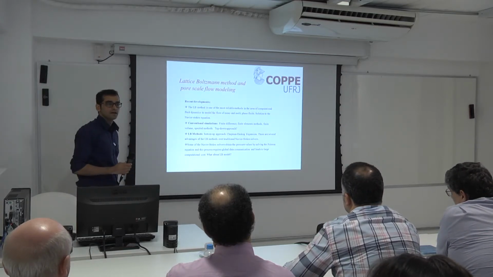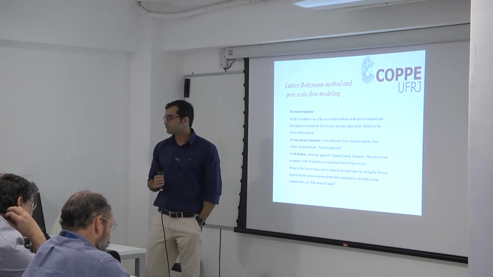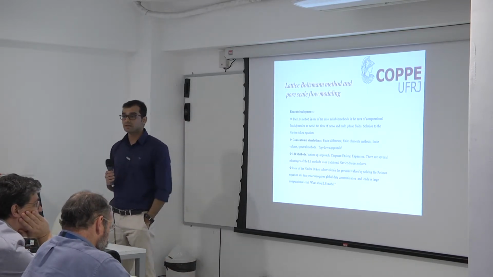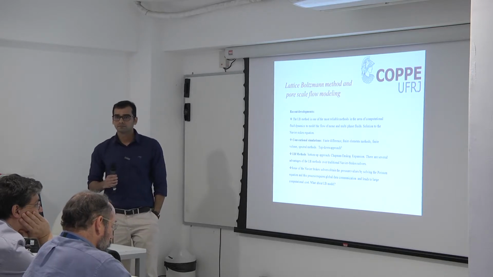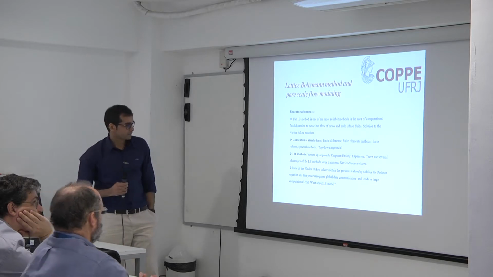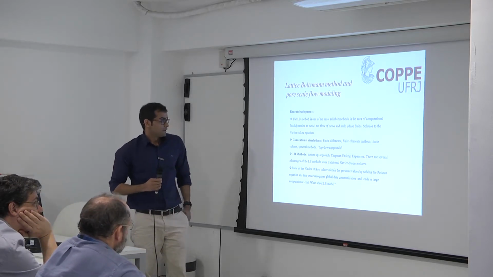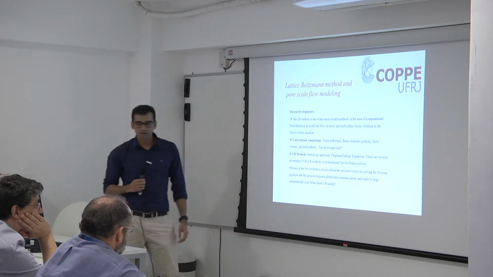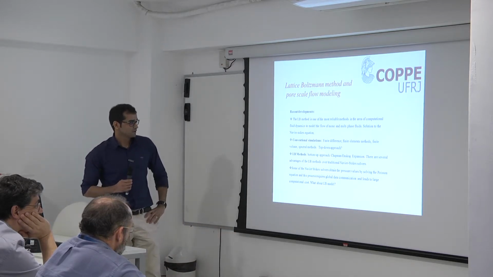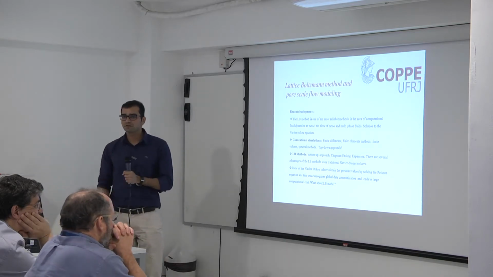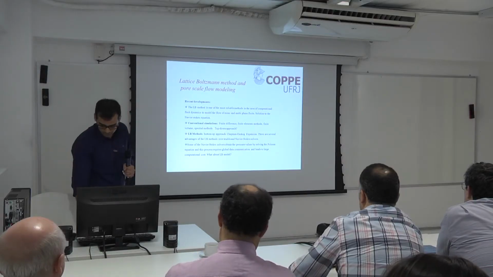There are several advantages of this method over traditional Navier-Stokes solvers. Like I said, calculating the pressure is very tedious with Navier-Stokes solvers because of the Poisson equations. In lattice Boltzmann, you don't do that. Some of the Navier-Stokes solvers obtain the pressure values by solving the Poisson equations, and this process requires global data communication, which reduces the efficiency of the computational models.